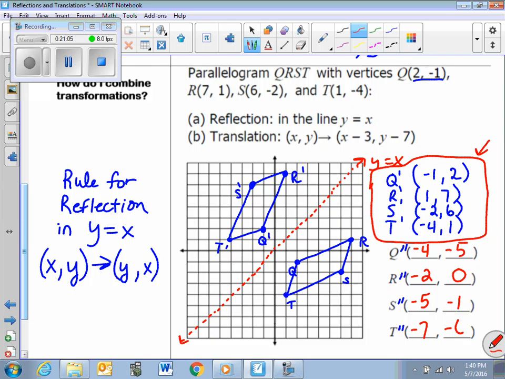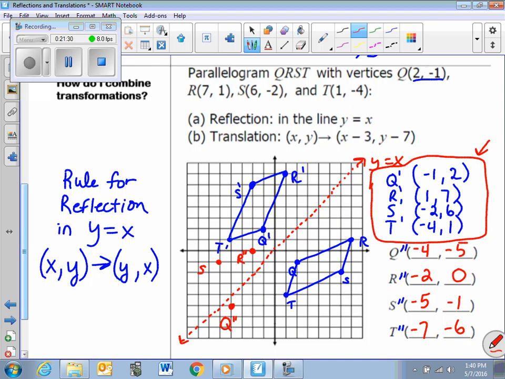Negative 7, negative 6. Let me come over here and sketch that in just so we can see our final parallelogram. 1, 2, 3, 4. 1, 2, 3, 4, 5. There's Q double prime, negative 2, 0. There's R double prime, negative 5, negative 1.